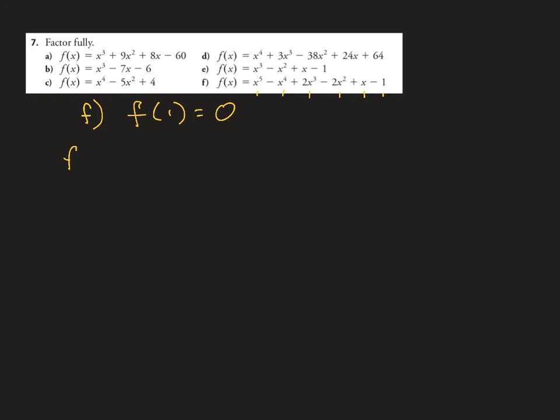So we know that f of x equals x minus 1 times x to the 4 minus, so that's x to the 5 minus 1x to the 4. So we get no x to the 3's. So we need plus 2x squared. That's 2x to the 3. It'll give me minus 2x squared. That's enough. And we need an x. So we do a plus 1, and that'll get you the rest of it. Okay.